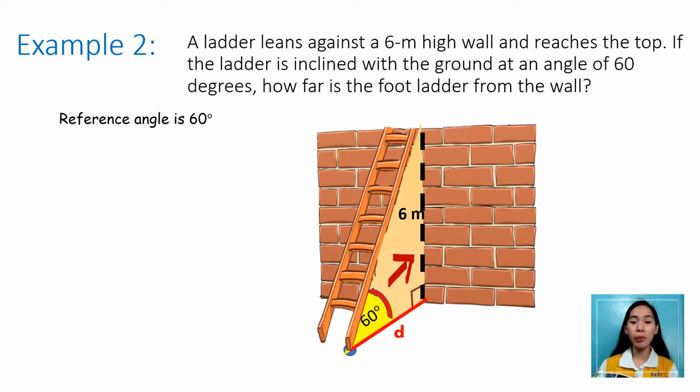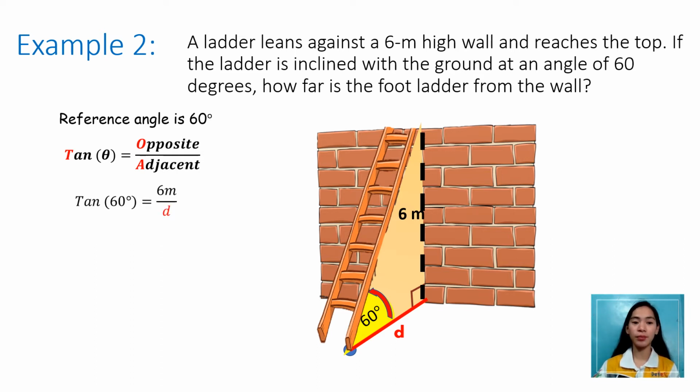So now we know our opposite side and adjacent side. Again, in the previous example, we used tangent, right? TOA. So tangent theta is equal to opposite side over adjacent side. So tangent 60 degrees, our reference angle, is equal to 6 meters as our opposite over adjacent.